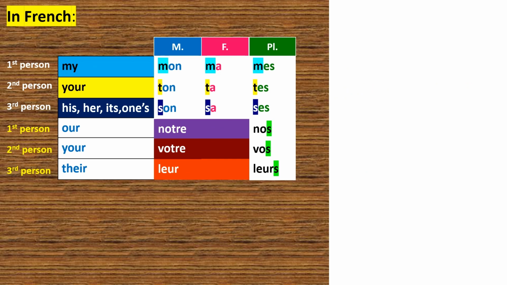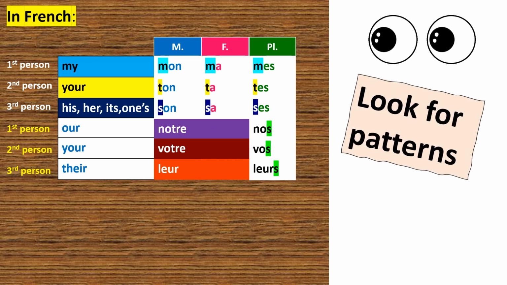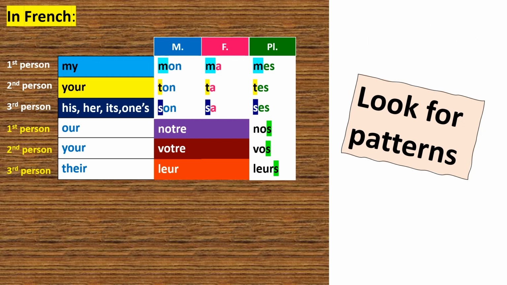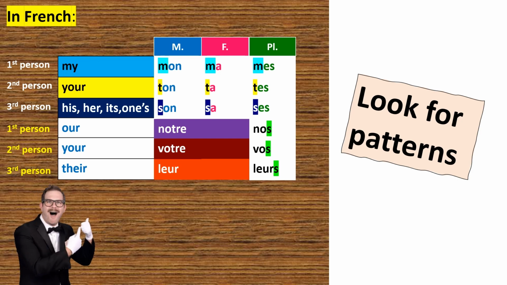It is always useful to look for patterns when memorizing things. For example, for my, we have the M sound repeated, mon, ma, mes. And then for your, you've got the T sound, ton, ta, tes. And then for his, her, etc., we've got the S sound, son, sa, ses.